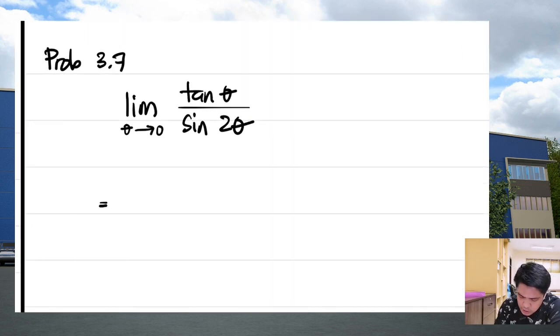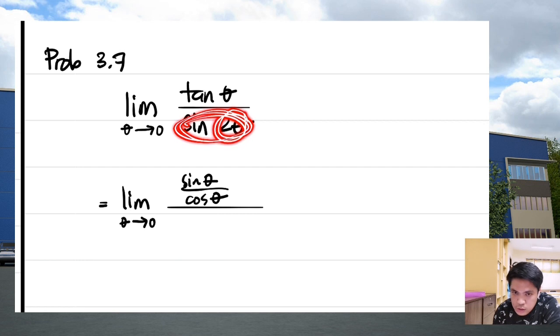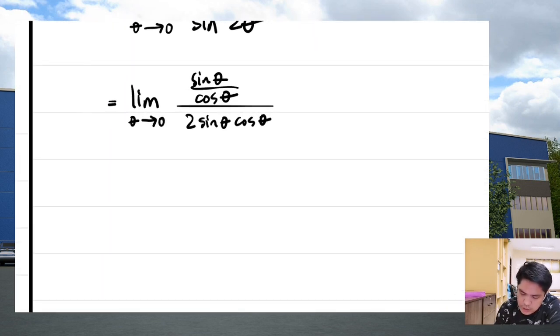So gagamit tayo ng identities for this. First, we know that tangent is sine over cosine. So this becomes sine theta over cosine theta. And sa ilalim naman, this is a double angle. So using the double angle identity for sine 2 theta, kung na-recall niyo sa trigonometry, that would be 2 sine theta cosine theta.